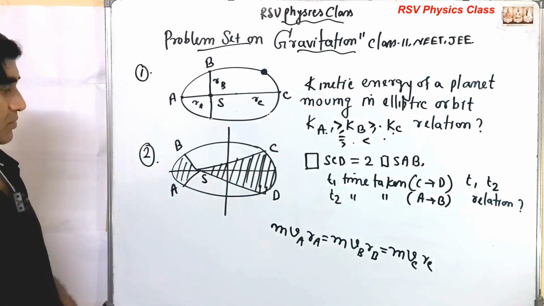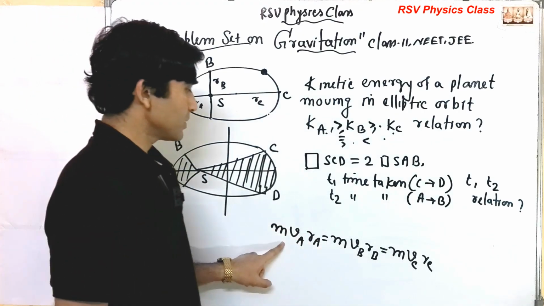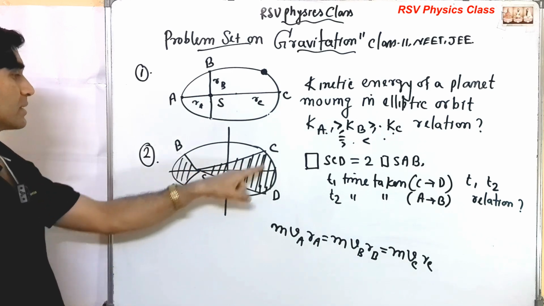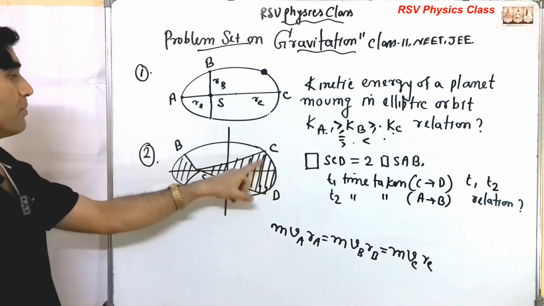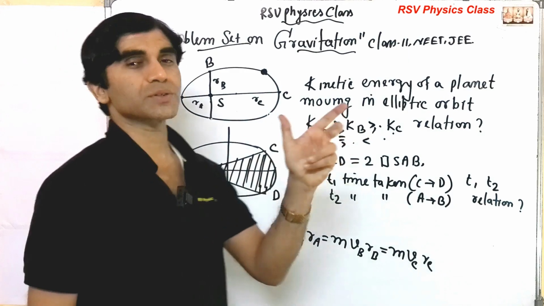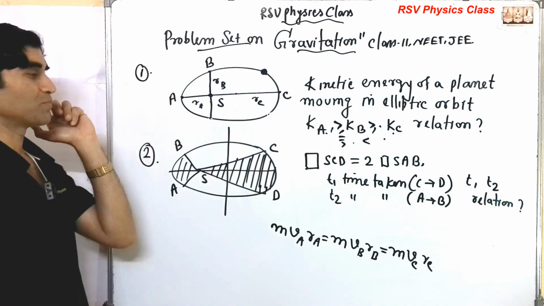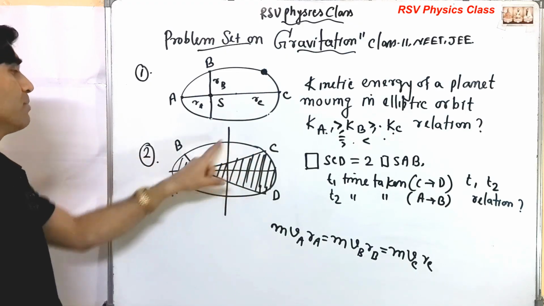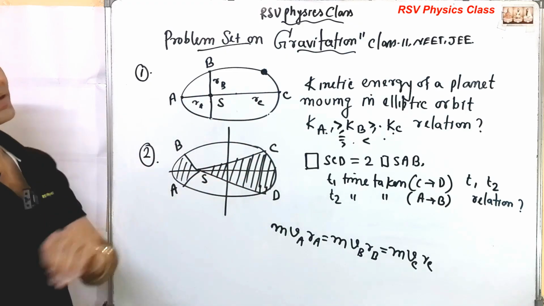Total angular momentum is conserved, and areal velocity is constant from Kepler's law. The planet will sweep equal area in equal intervals of time.